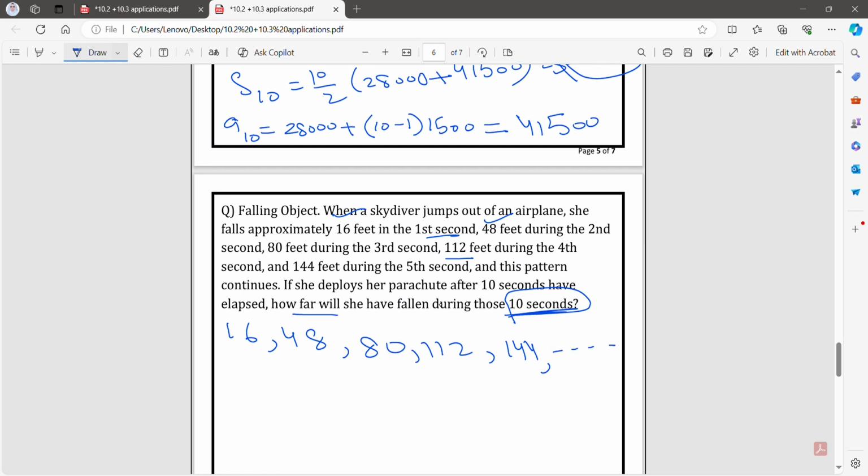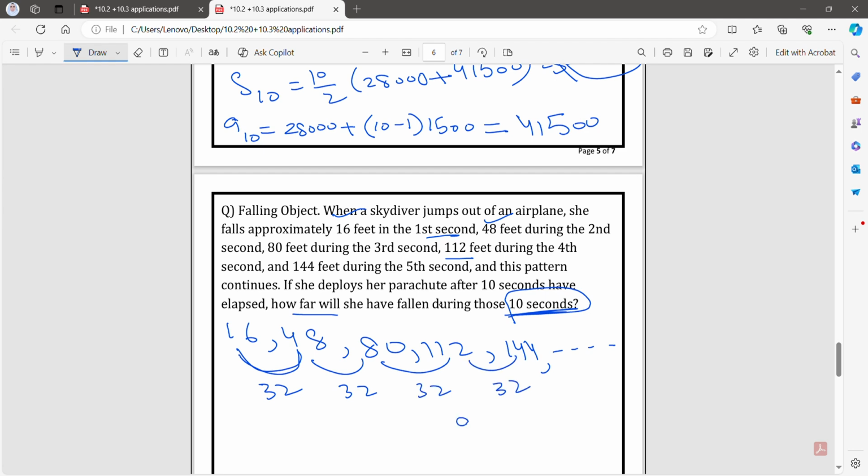We need to find the sum of what? An arithmetic sequence, right? Because if you check the common difference here, 48 minus 16 is 32. 80 minus 48 is also 32, and this minus this is 32, this minus this is 32.